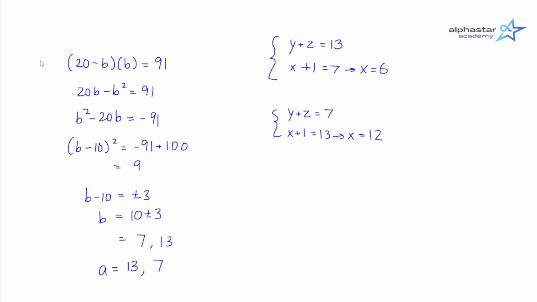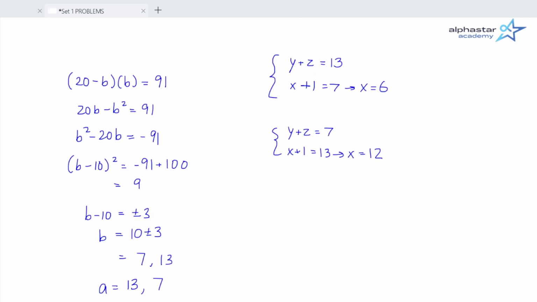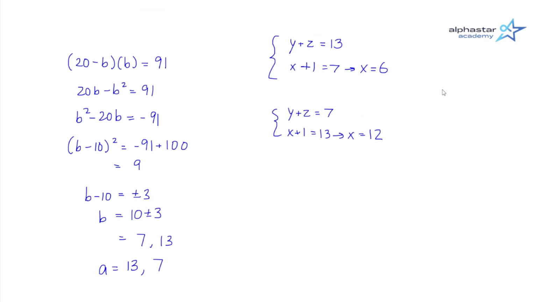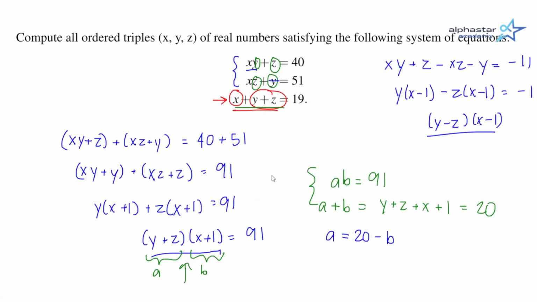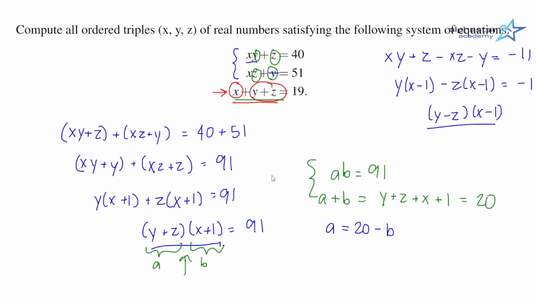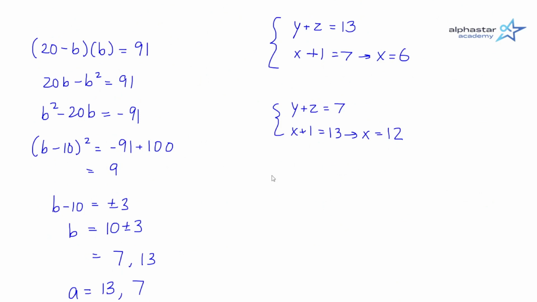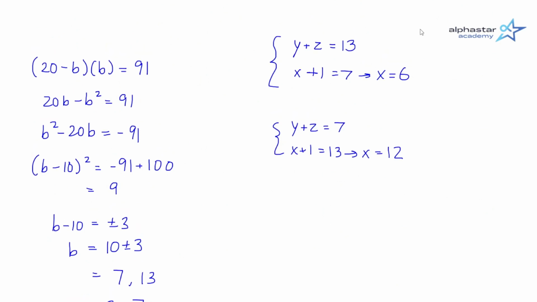Now, we're almost done. We have two possibilities here, but we can't do anything more unless we use those first two equations, which we haven't entirely used. We only used their sum, but we get more information from, for example, xy + z = 40. So we can still use previous equations.